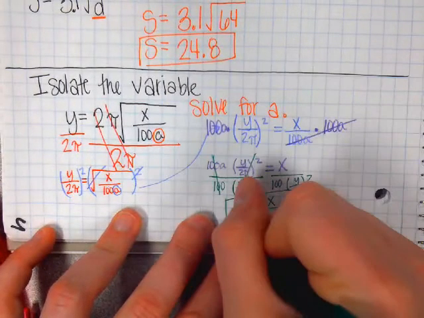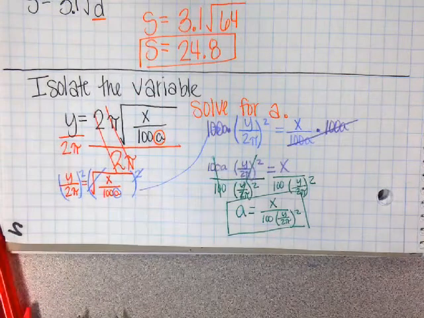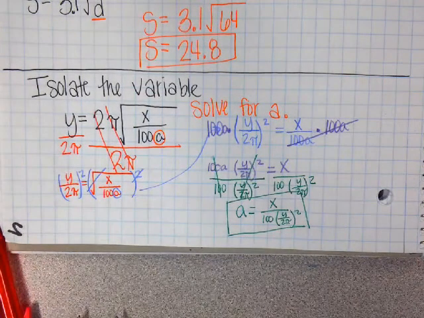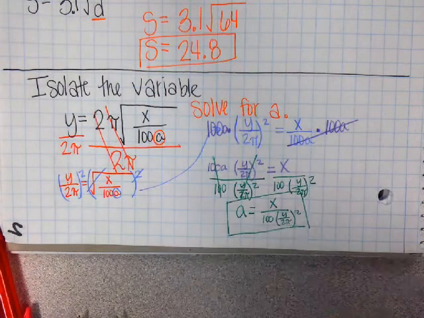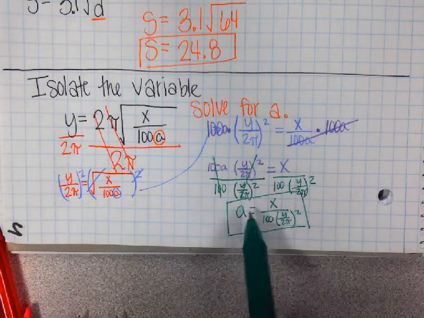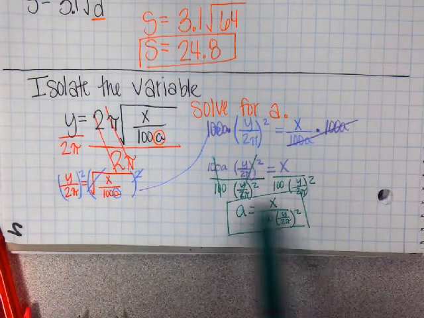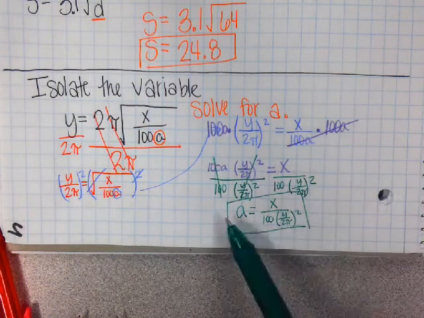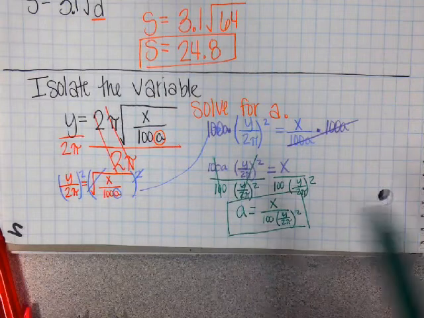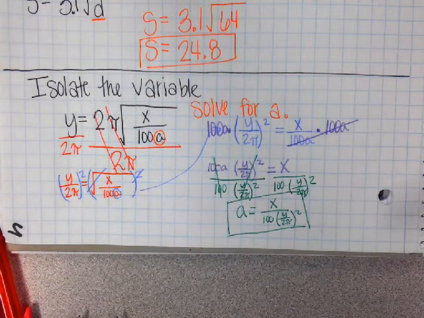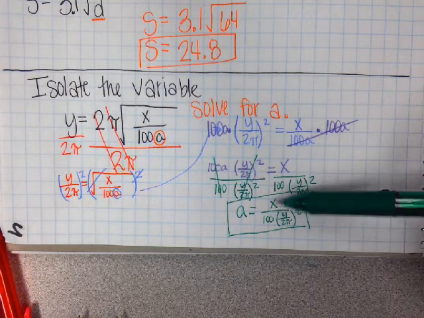Now, when you have any of these problems on a standardized test, on any test, 99% of the time it's going to be multiple choice, so you'd be able to just look and see which one makes sense.